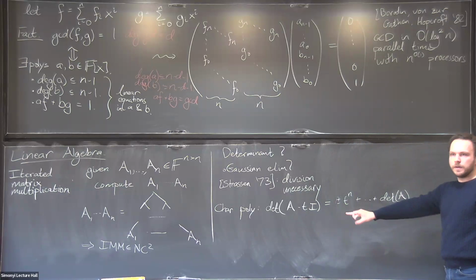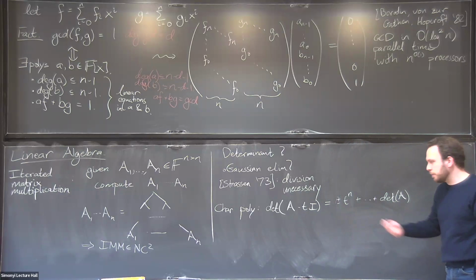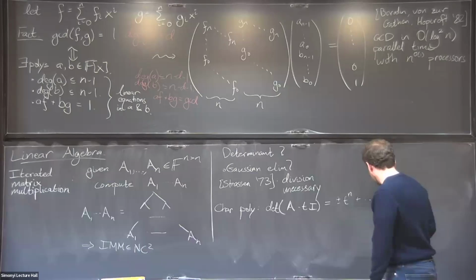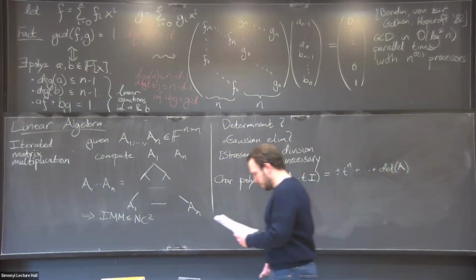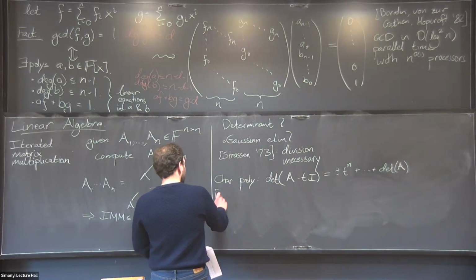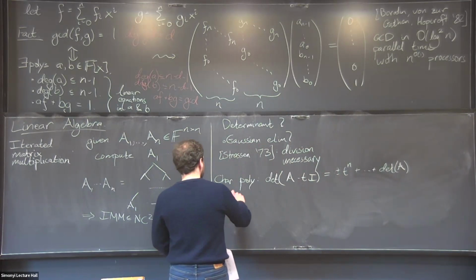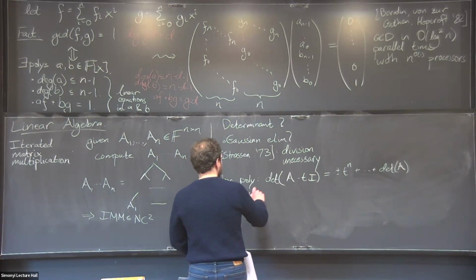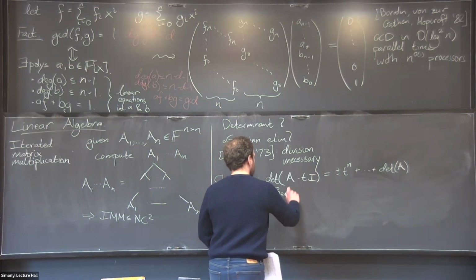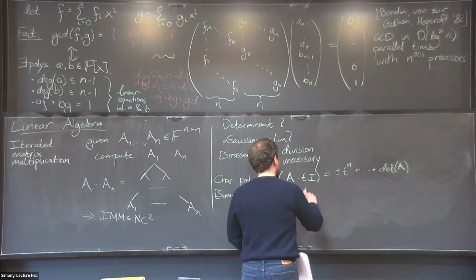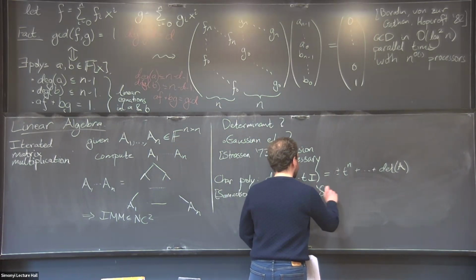So certainly if I can compute the characteristic polynomial, I can compute the determinant. Now here's an interesting identity that goes back to work of Samuelson from the 40s, and then this was used to describe an algorithm by Berkowitz in '84.